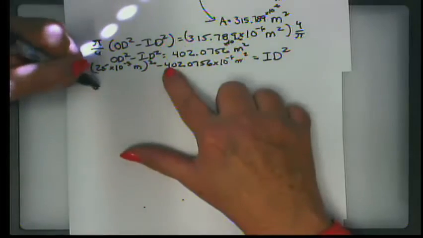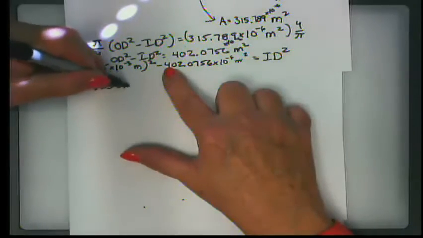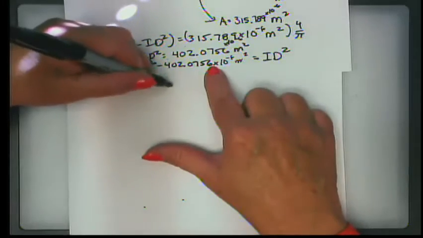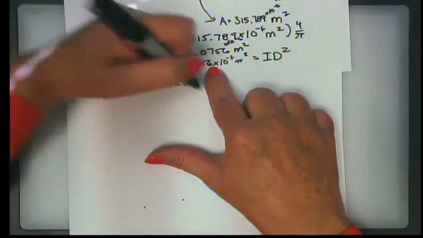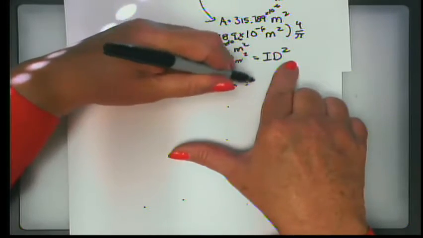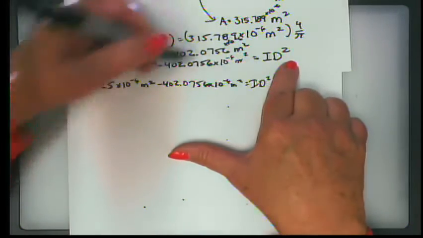So now I have 25 times 10 to the minus third squared, which is 625 times 10 to the negative 6 meters squared minus 402.0756 times 10 to the minus 6 meters squared equals the inside diameter squared.